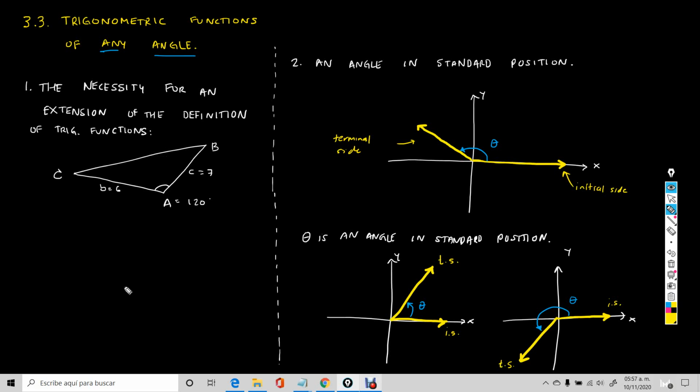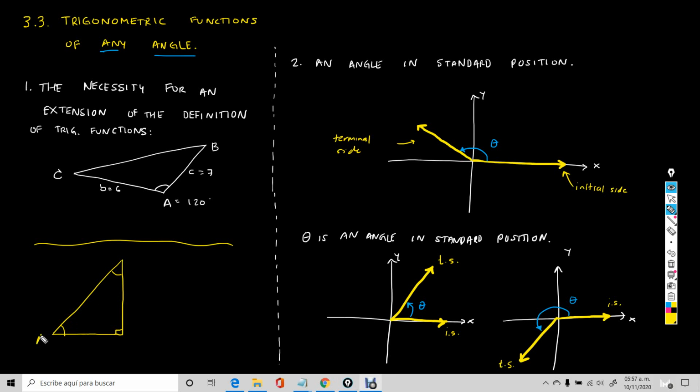So far, and I'm gonna do this in yellow over here, we have only defined the trigonometric functions. These functions only have meaning so far in regards to right triangles, and more specifically in regards to its two acute angles.